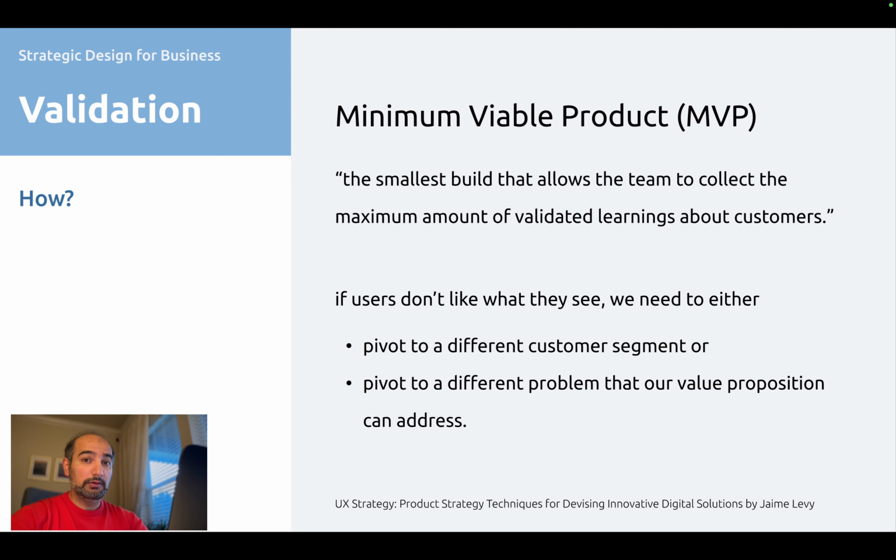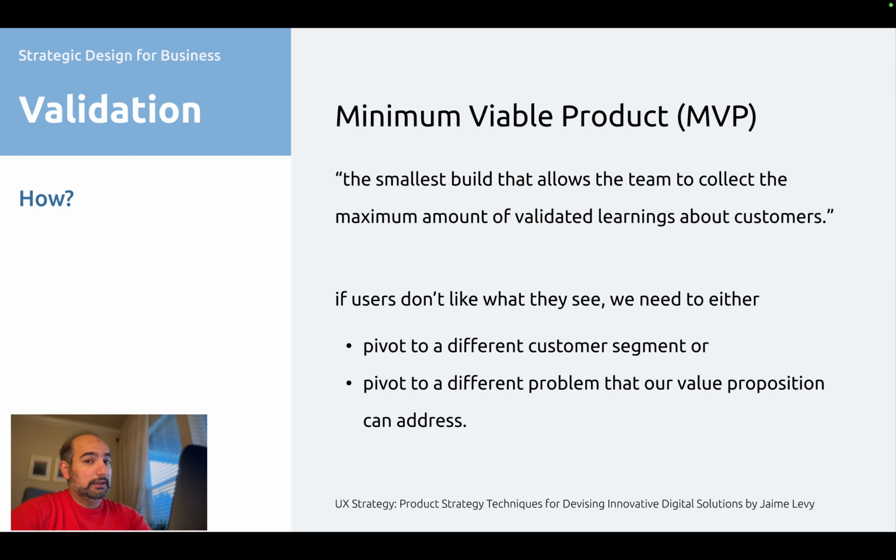If they don't, we need to think about why they don't like our product, why this product hasn't been downloaded. Maybe we targeted the wrong user group. Maybe the value that we are offering is not as much of a value as we thought. So we might pivot a little bit.